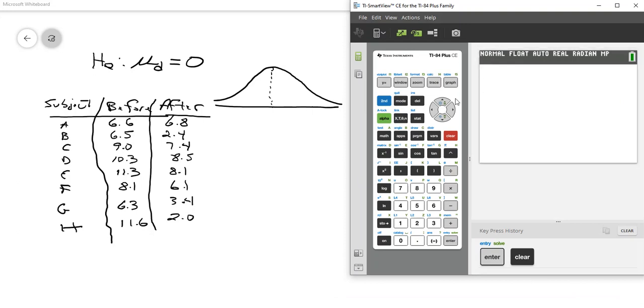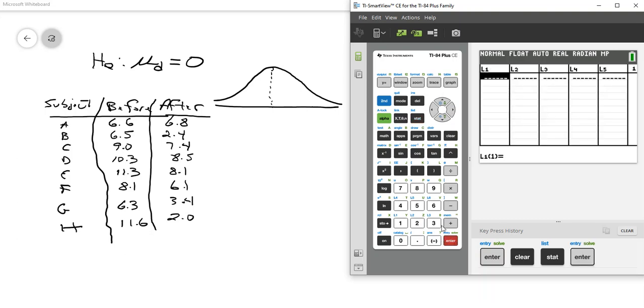But what we do is you're going to go into stat and edit. So we're going to hit enter. All right, and we have L1 and L2. So the before scores will go in L1.